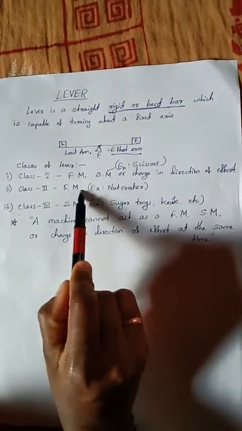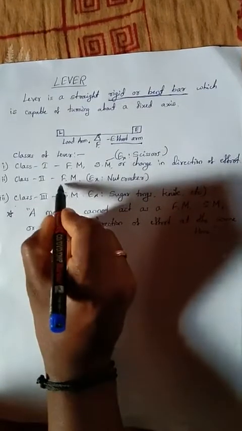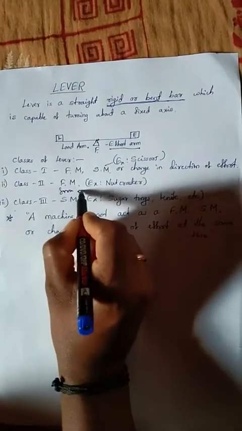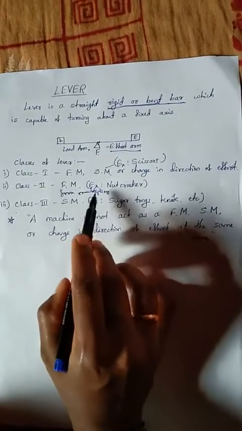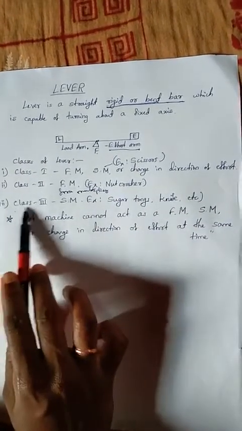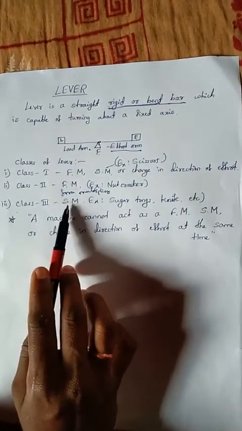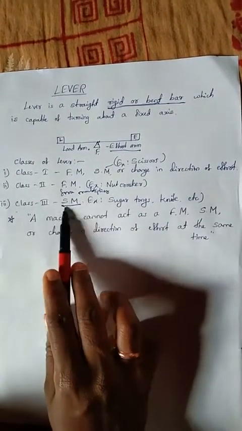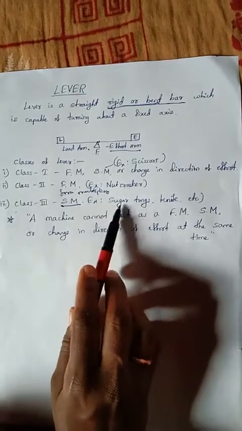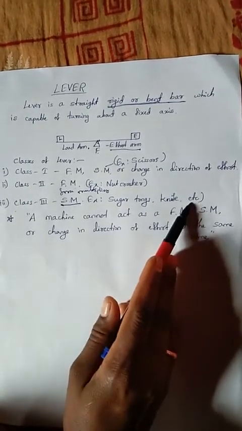This Fm is a force multiplier. For example, nutcracker. And class 3 levers act as a speed multiplier. Sm refers to speed multiplier. For example, sugar tongs, knife, etc.